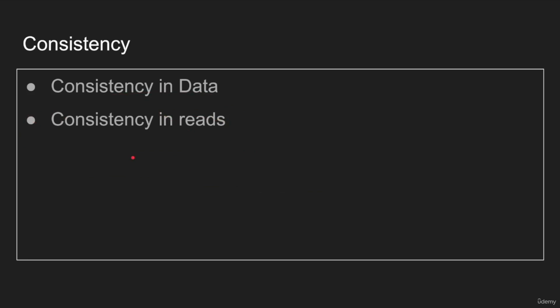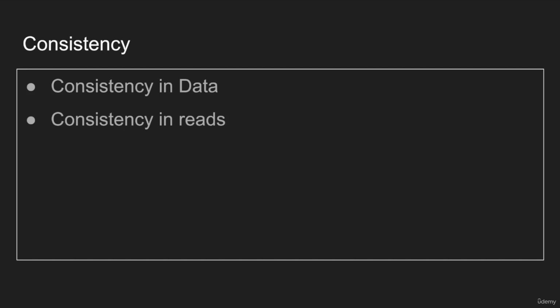If you have many shards or many partitions or many database instances, this applies to the system as a whole. As a user, I don't care what database instance I have. I'm just issuing a read. That read better be consistent. And consistency in data is in a given cluster, in a given data instance. What is going on there? Is my data even consistent at that level?